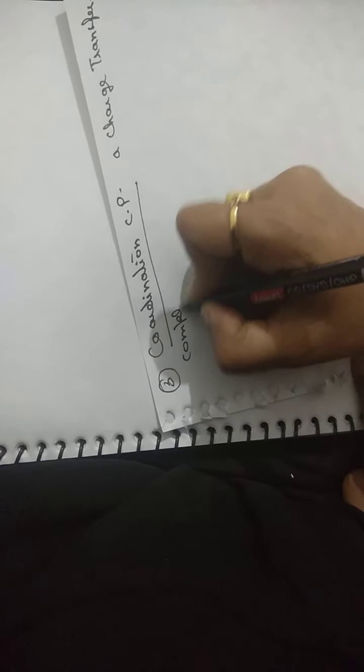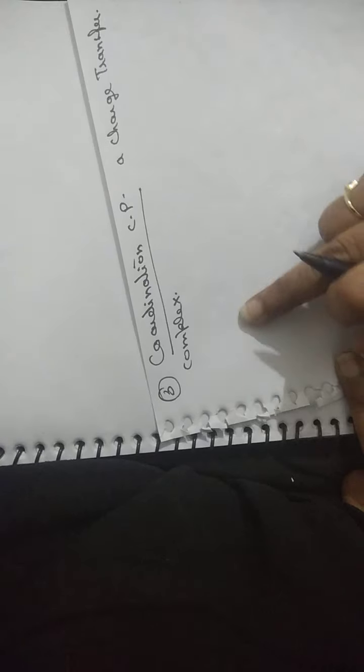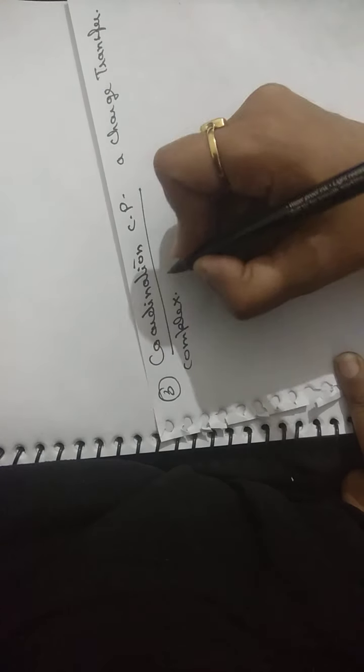In case of coordination conducting polymer, a charge transfer complex is formed by a metal and a ligand, and this charge transfer complex contains the conventional polymer. Now because the conventional polymer has a charge transfer complex, this complex will transfer its charge to the polymer, and once the conventional polymer gets charged it will start conducting electricity.